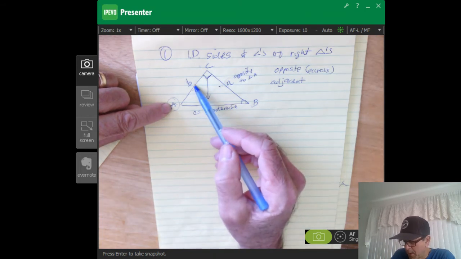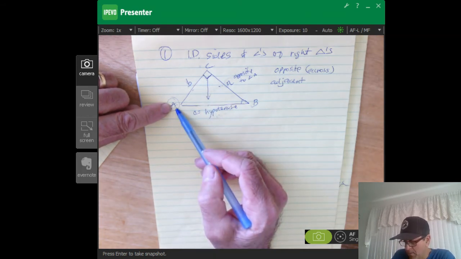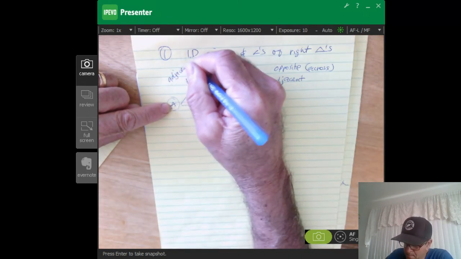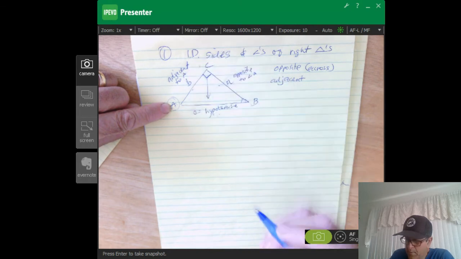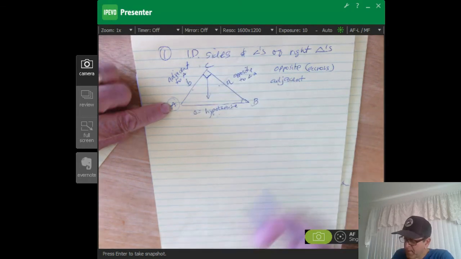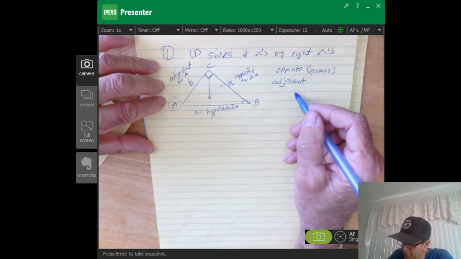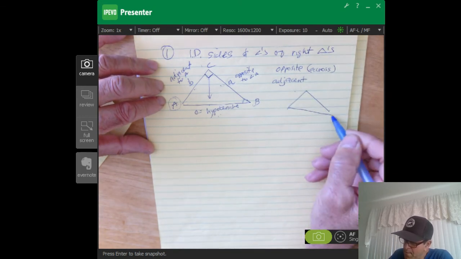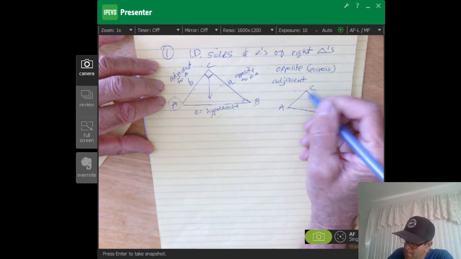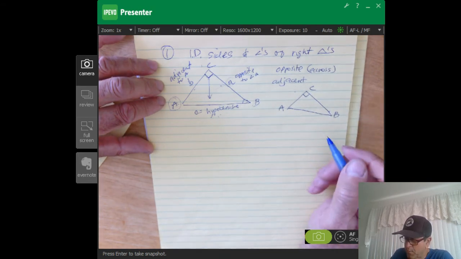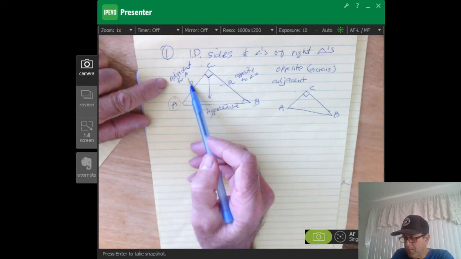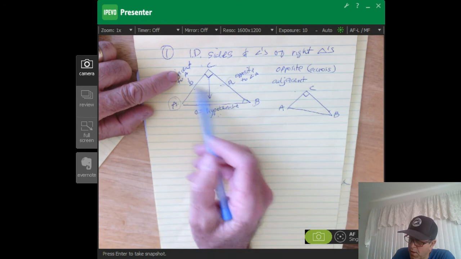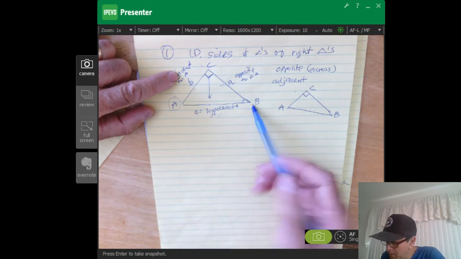So the unnamed side that is next to angle A would be adjacent to A. So it's adjacent to angle A. Now, it's important to remember, like I said, it depends upon which angle we're talking about. So this is adjacent to angle A, but it is across or opposite to angle B.